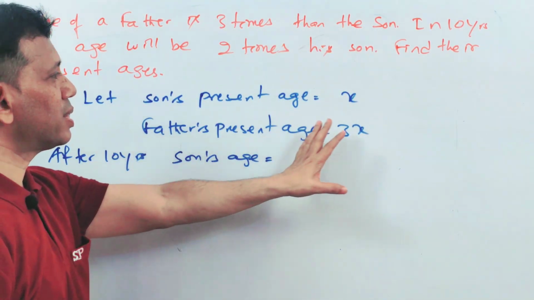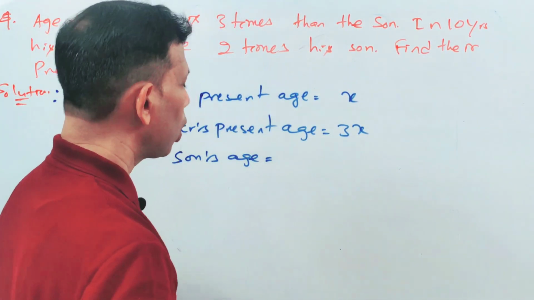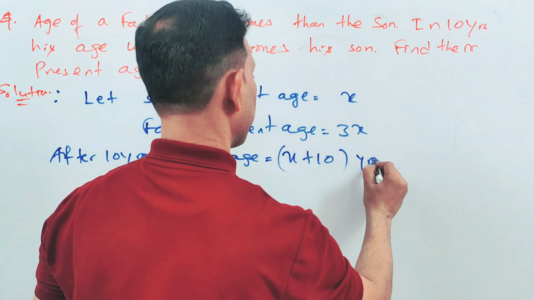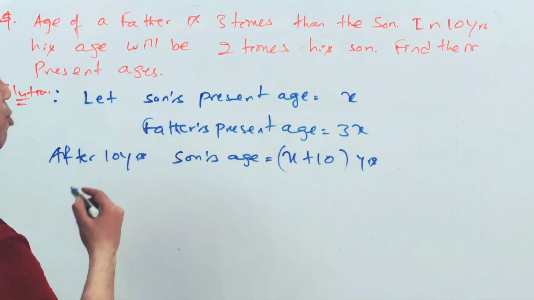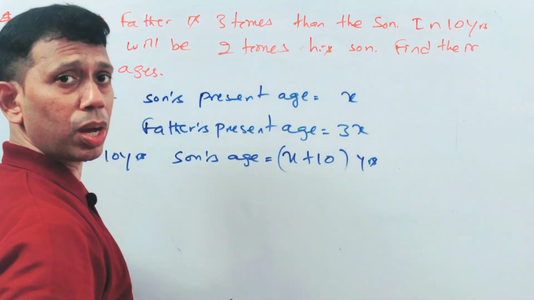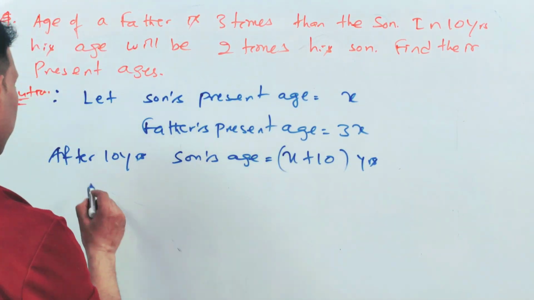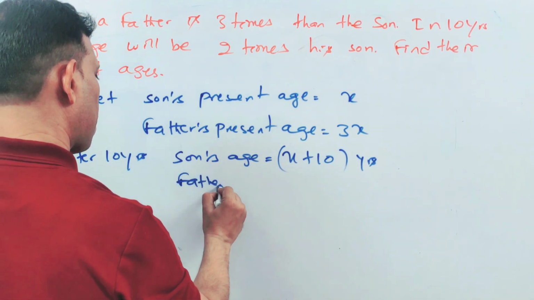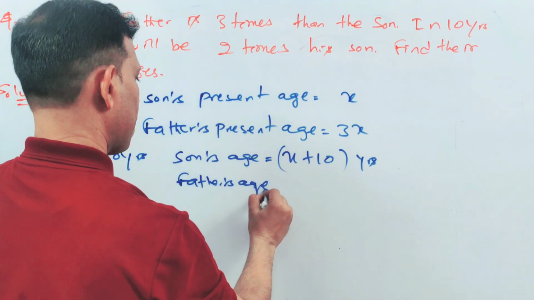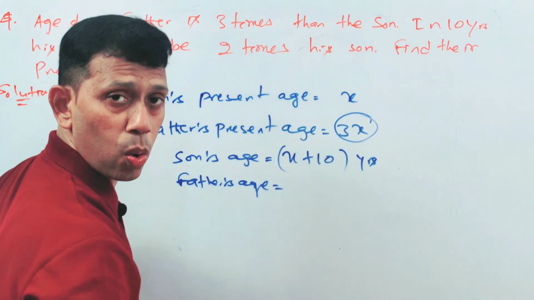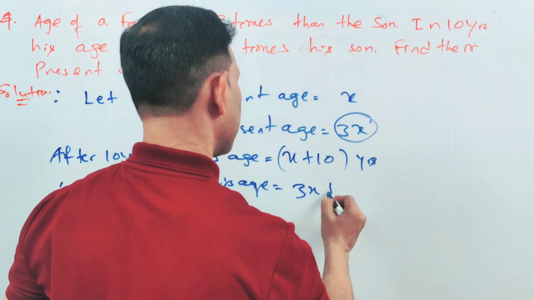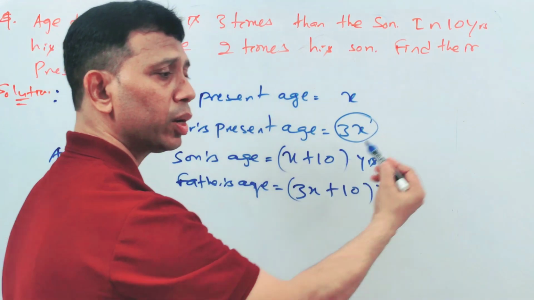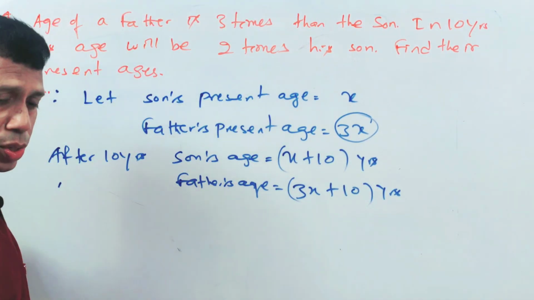Similarly, now the son's age is x. After 10 years, x plus 10 years, right? Now after 10 years, the father will also have grown up by 10 years, right? So after 10 years, the father's age is equal to, what is the father's age now? 3x. After 10 years, 3x plus 10. Whatever the age presently, you just add 10. That is after 10 years.